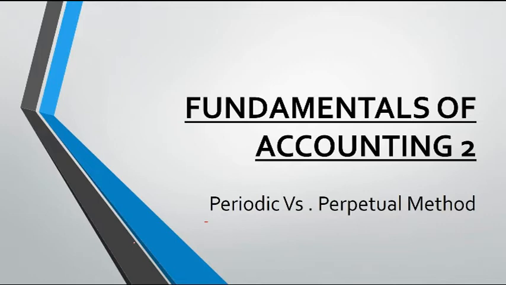Okay, so fundamentals of accounting 2, we'll be discussing periodic versus perpetual method, which is only used in merchandising and manufacturing business. So once again, when we say merchandising and manufacturing business, we have a product to sell.